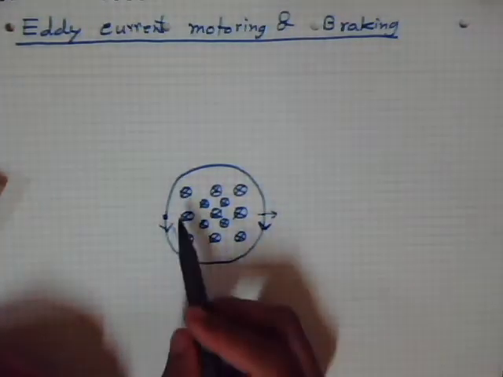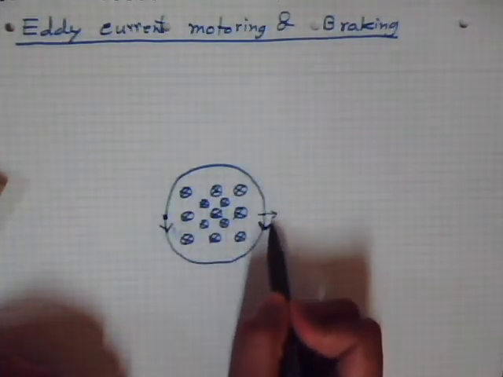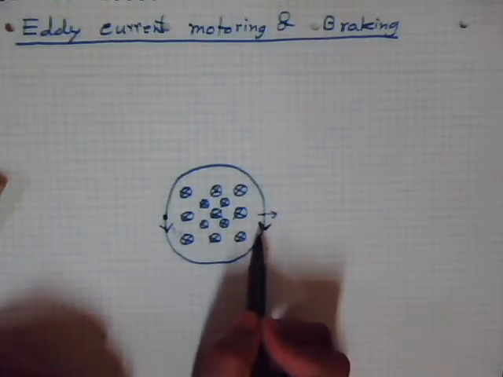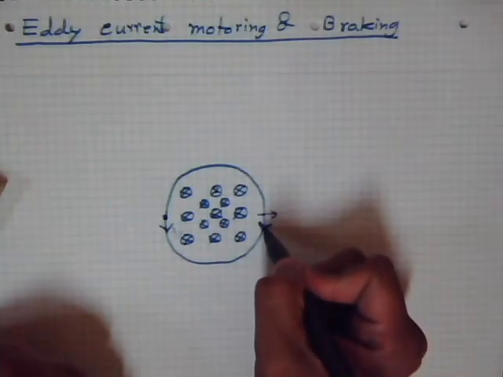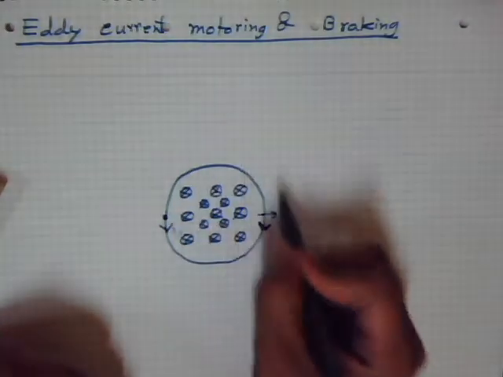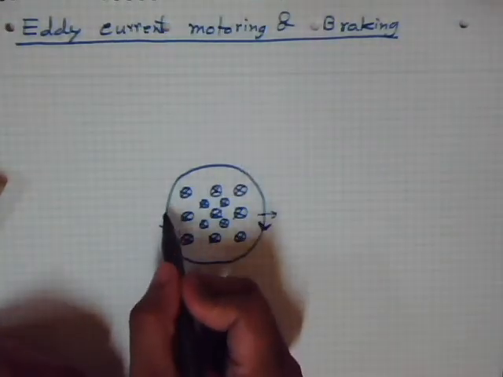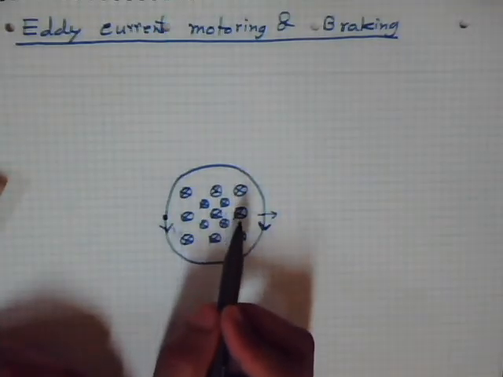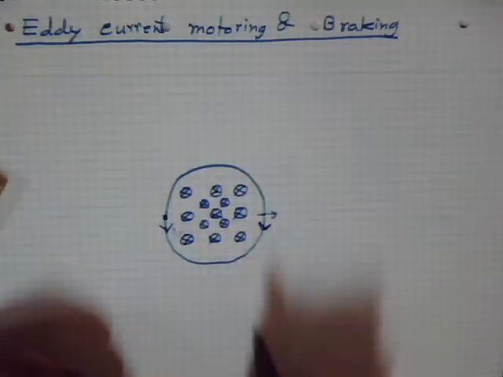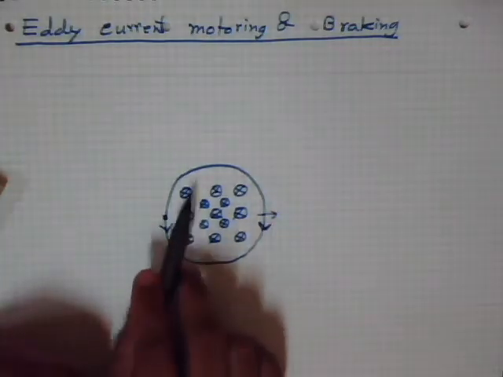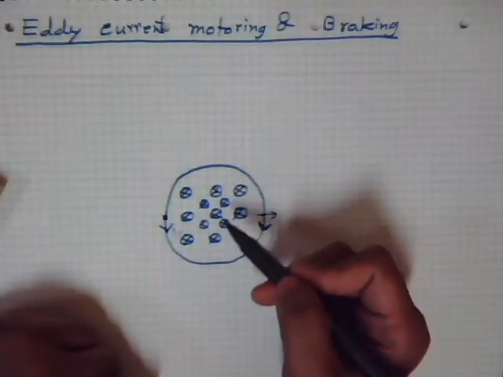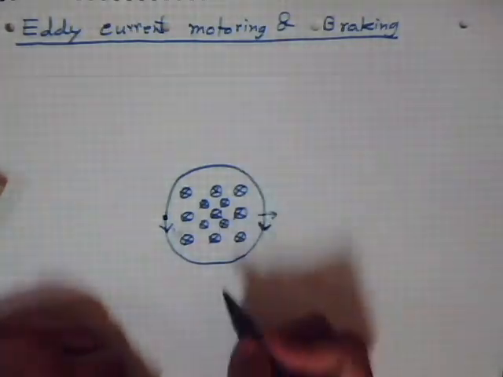That means in this closed path I have zero resultant EMF, because here I have EMF clockwise and here I have EMF counterclockwise, which cancel each other. So there won't be any resultant current ideally.